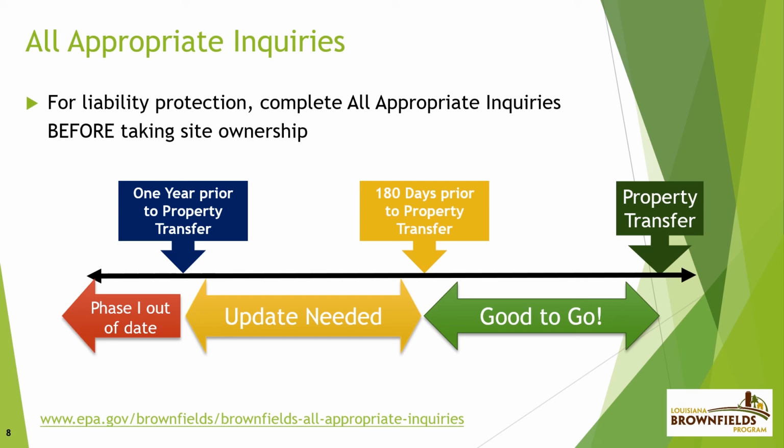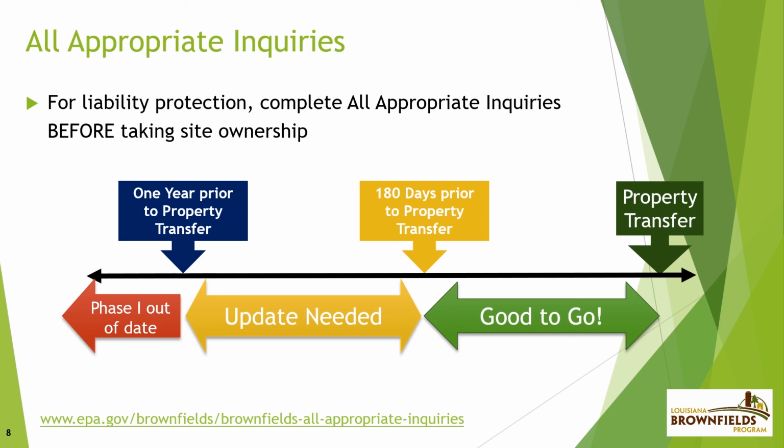Note that for EPA funding eligibility, EPA uses the date of the report in order to calculate their timeline. They require that if you're requesting cleanup funding, you have performed a Phase 1 before taking ownership of the site, and they're going to use the date of that report to calculate the timeline.